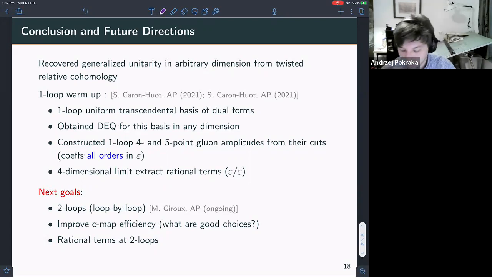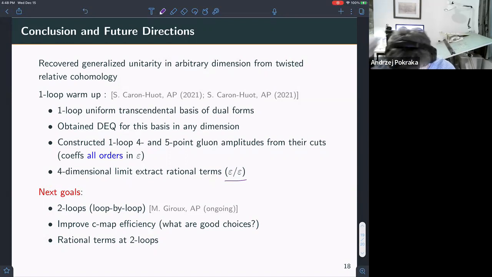We were able to find a one-loop uniform transcendental basis of dual forms in any dimension and compute its differential equation. Then we constructed 4 and 5 point gluon amplitudes from their cuts as an example. And then we looked at the 4-dimensional limits and found where the rational terms are, which residues are contributing to these rational terms.